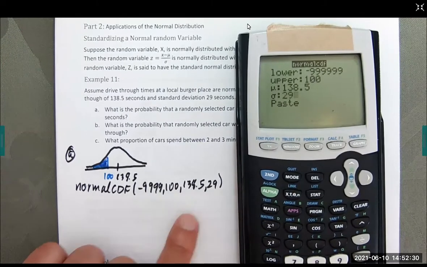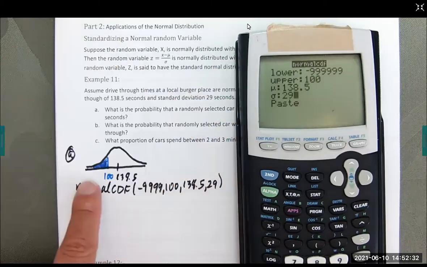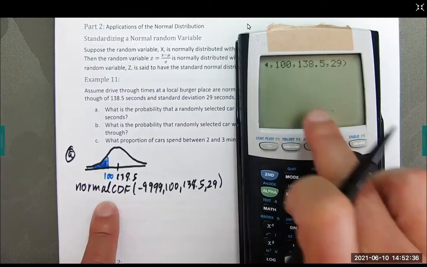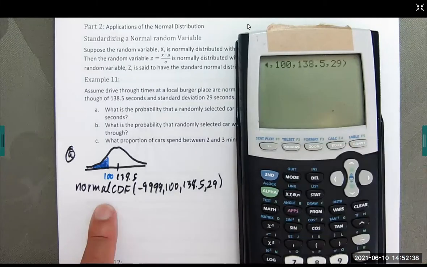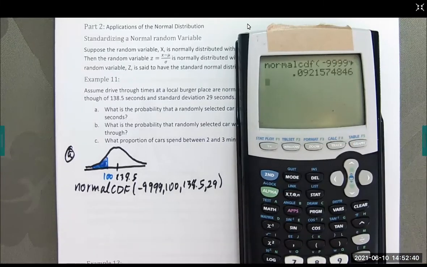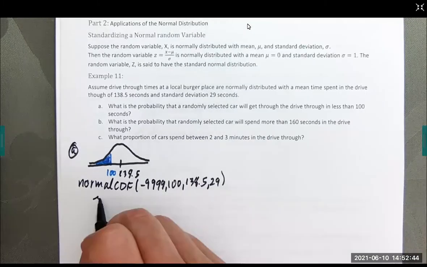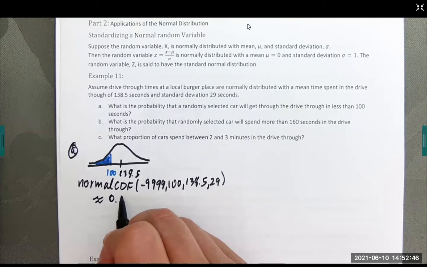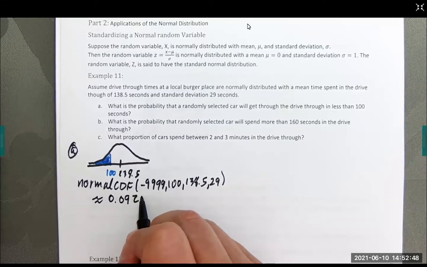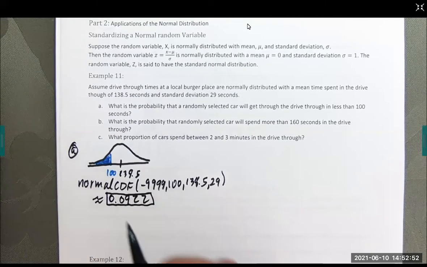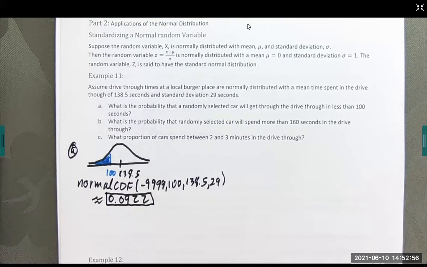Now, those of you that don't have this interface, it'll look just like this when you type it in, or like this. So 0.0922. I go to 4 decimal places. So there's about a 9% chance that I would spend less than 100 seconds in this drive-through.